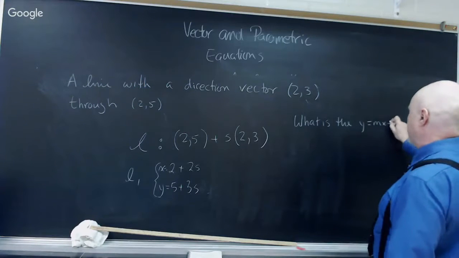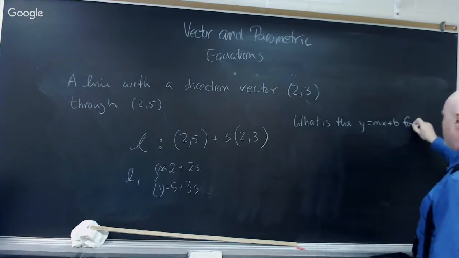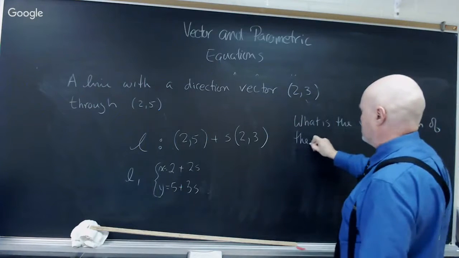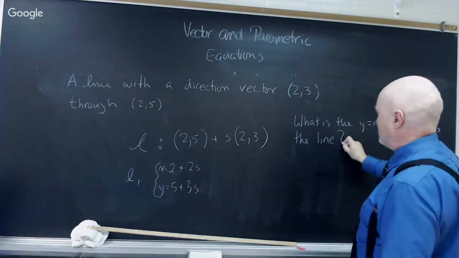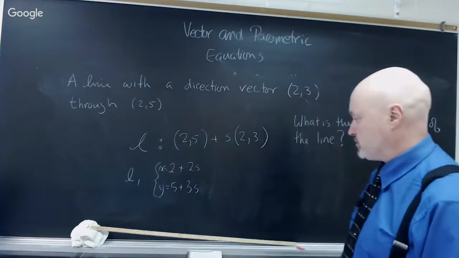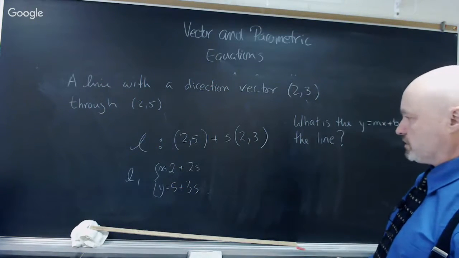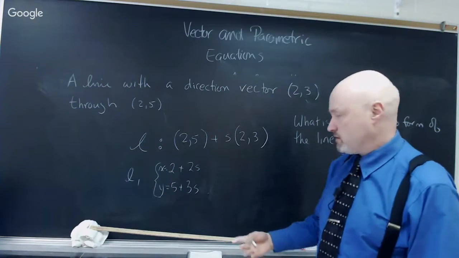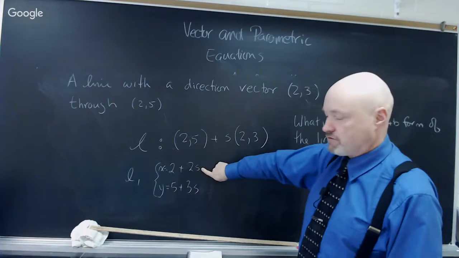So what's the y equals mx plus b form of this line? And so this is going to be one of those useful skills that we use a lot. And basically it involves expressing things in terms of the parameter s.